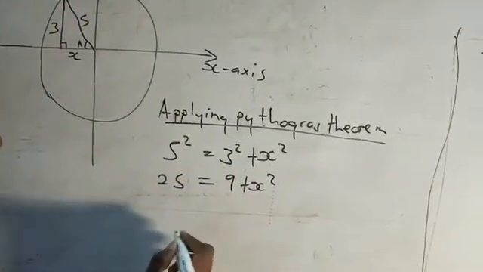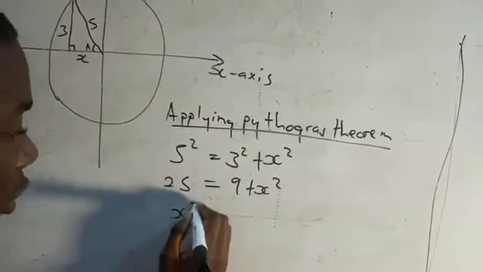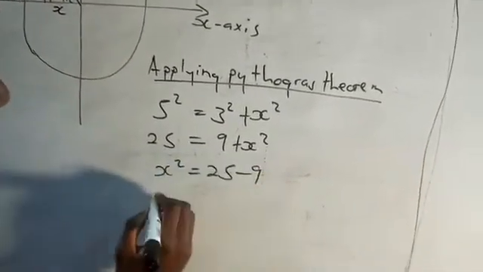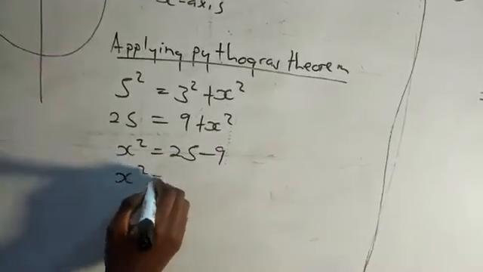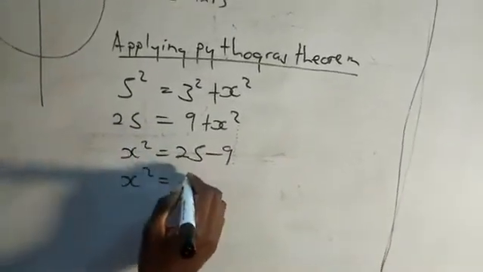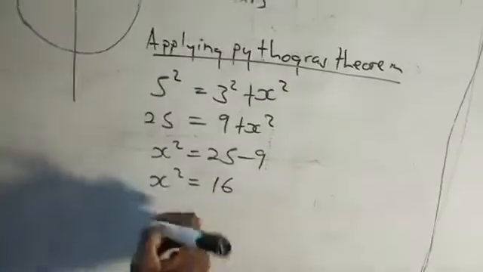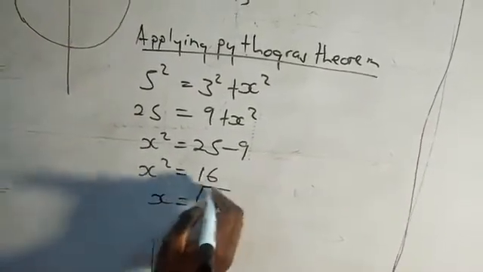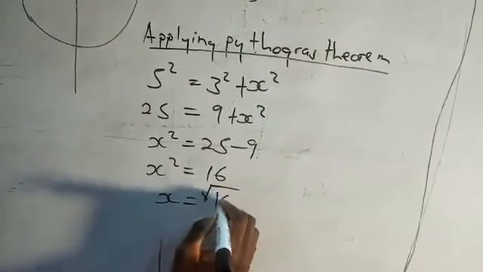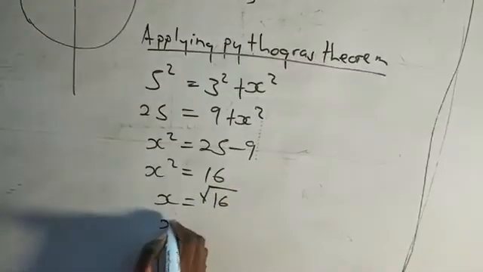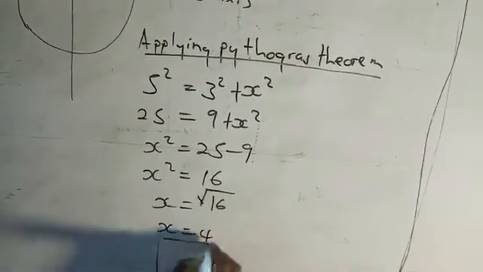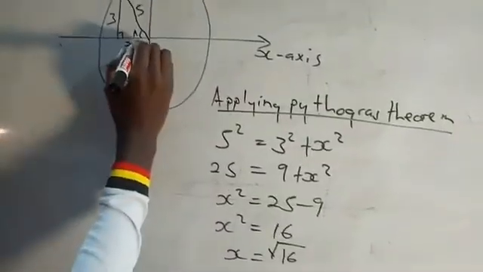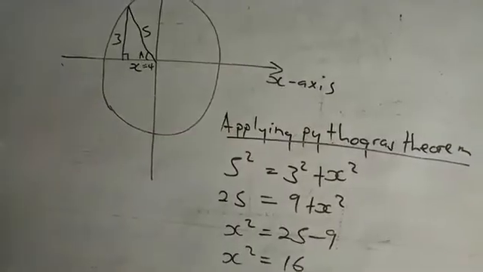To get x alone, x squared equals 25 minus 9, x squared equaling 16. Getting x alone, we are gonna square root 16, becoming x equaling 4. So our x is equaling to 4.